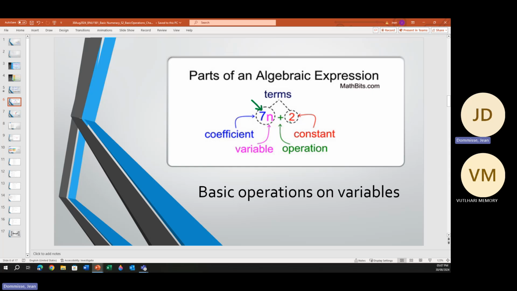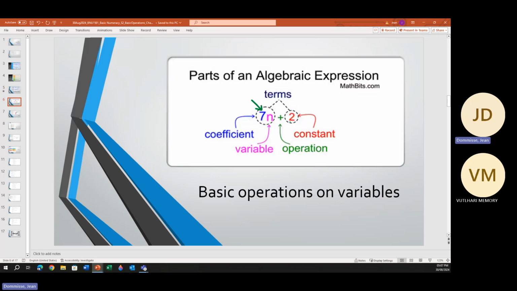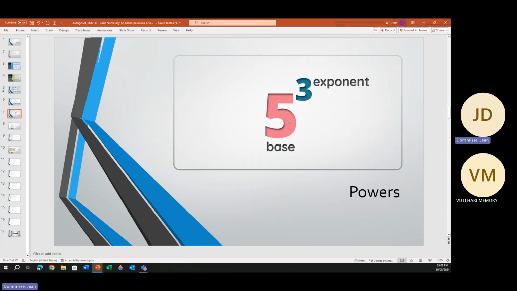Then the operation is the plus, minus, division or multiplication that we looked at previously, and the constant is a number on its own without the variable. So if they ask something like this as a theoretical question, you have it.